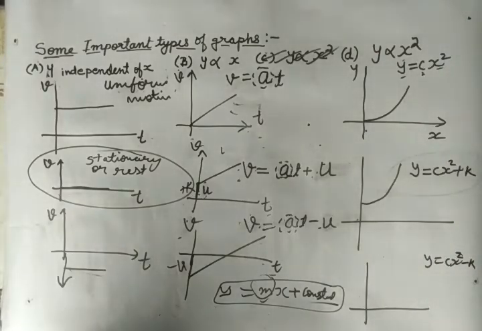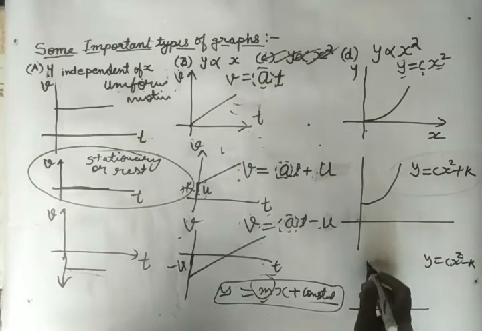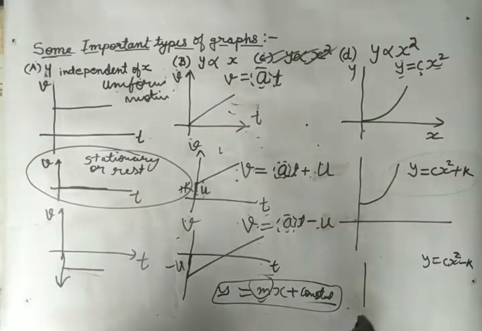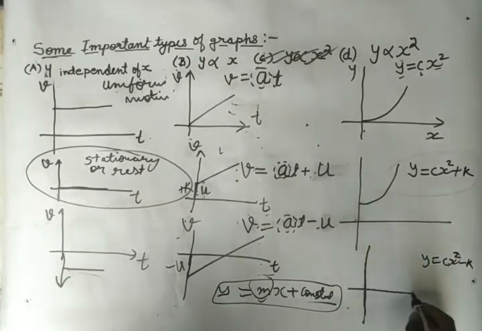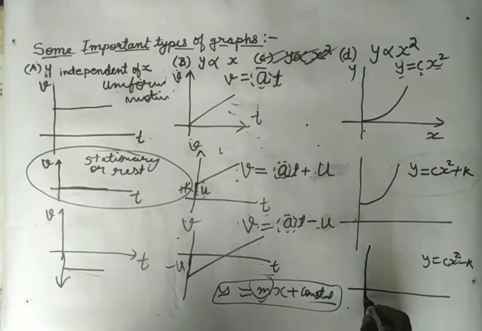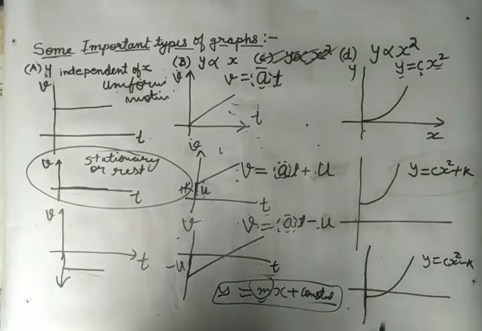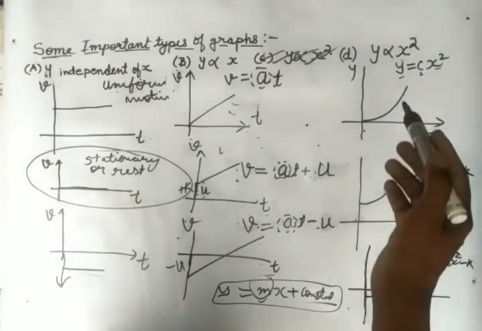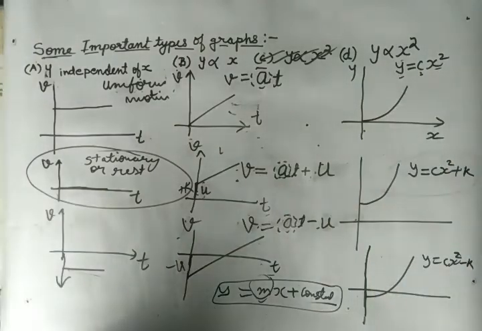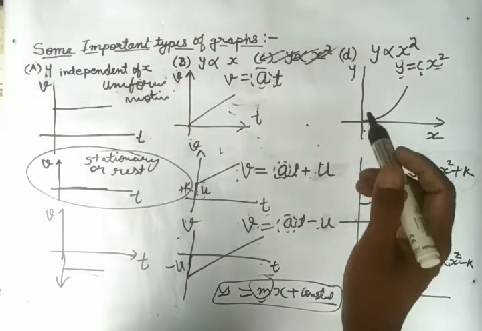So here, oh sorry, the graph line is not properly visible. This is much better. So it will go from a bit on the negative side, and this is the negative intercept. So all these three graphs are possible for this parabolic kind of graph.